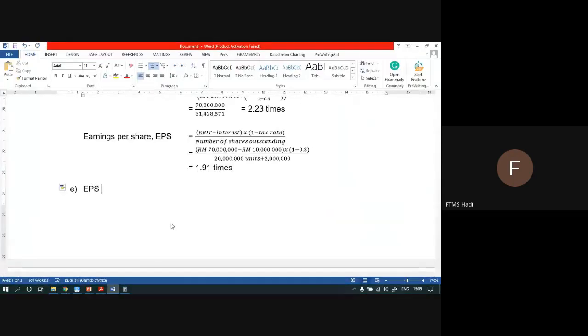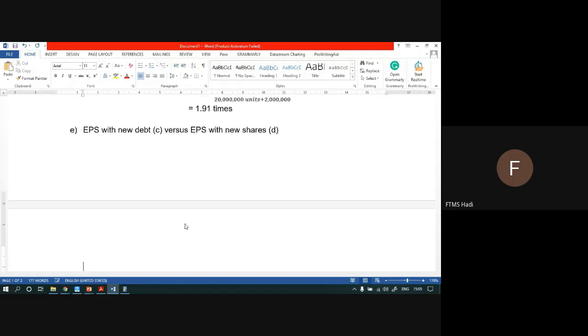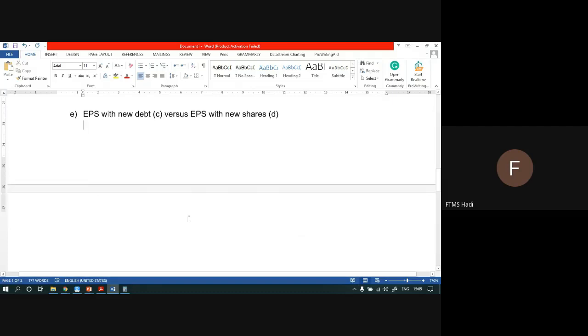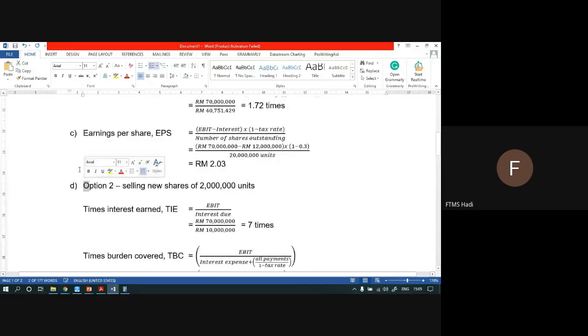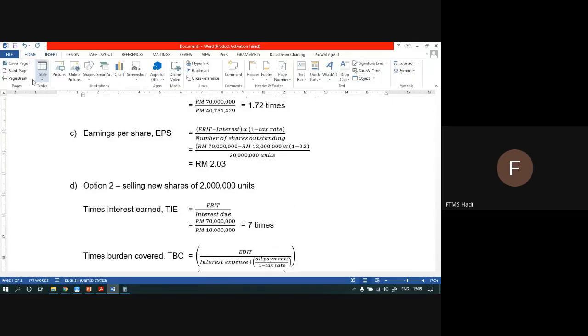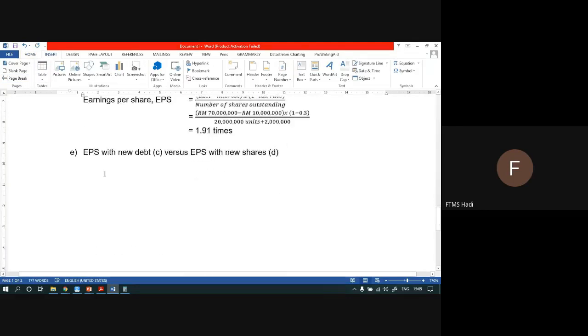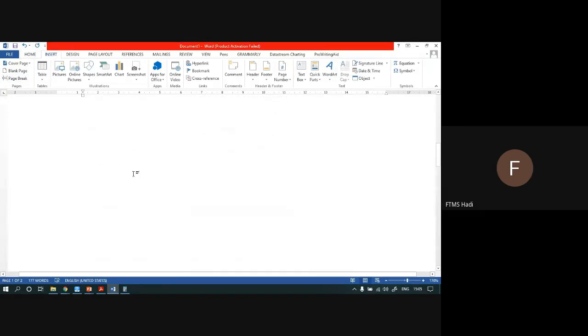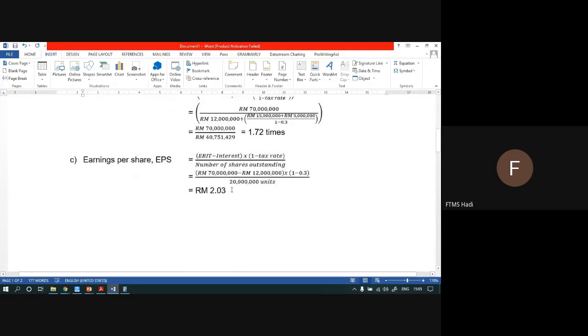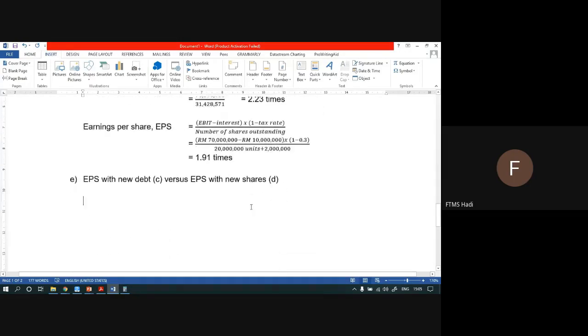So, EPS with new debt from question C versus EPS from question D. EPS with new debt, this one, is 2.03.